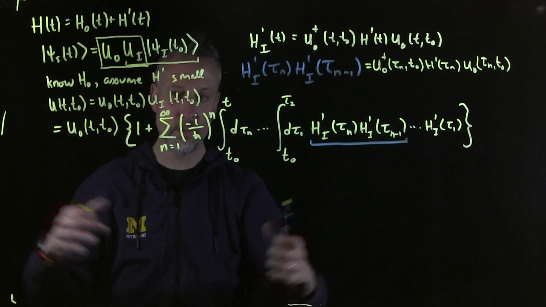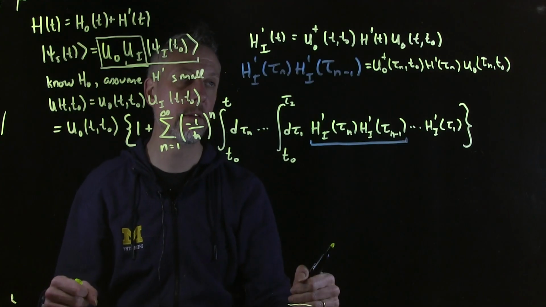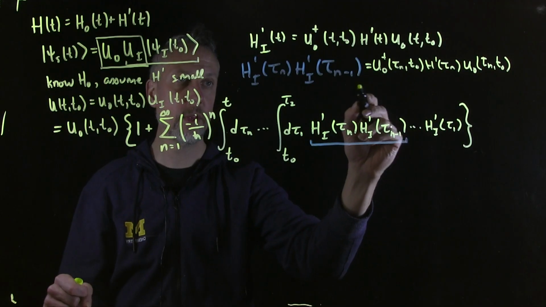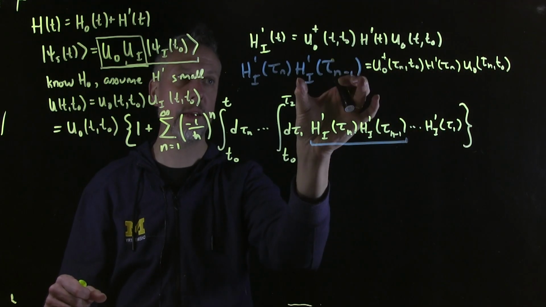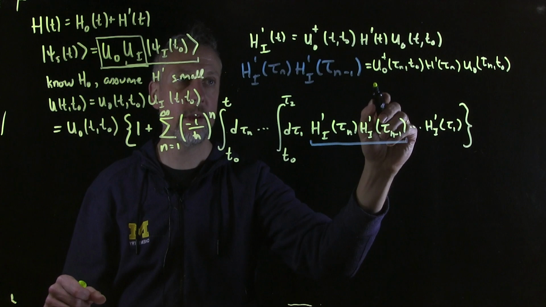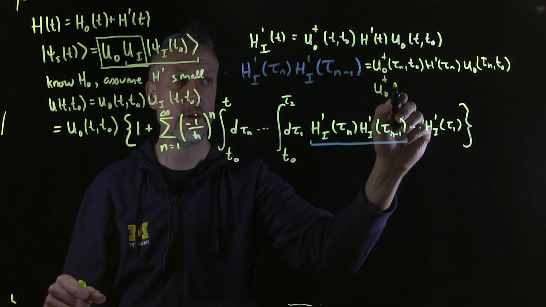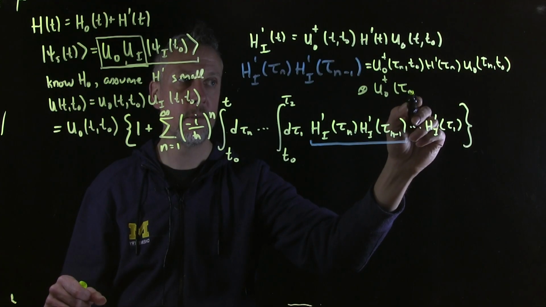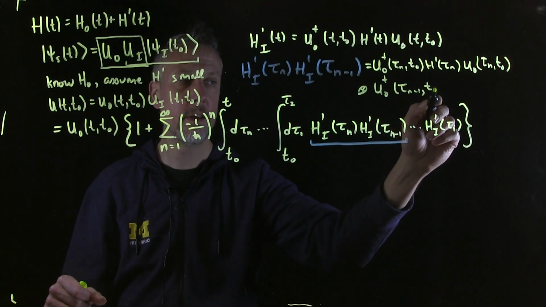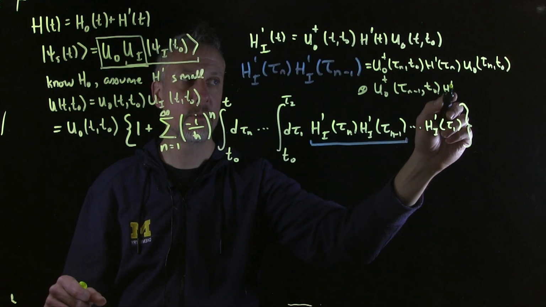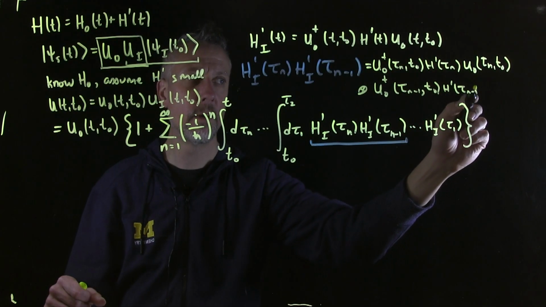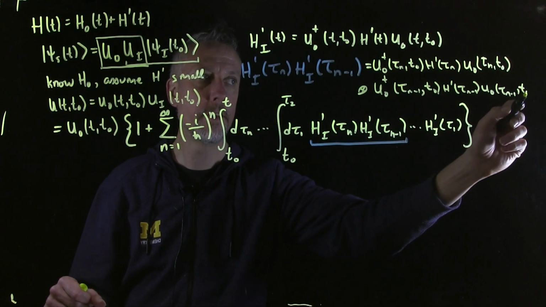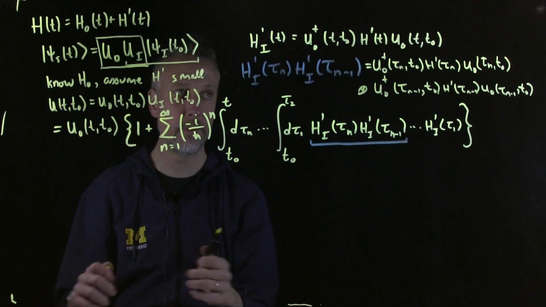This is one of those cases where it would have been nice if I had written it all the way around here, but whatever, I'll do it this way and hopefully it makes sense. Then we're going to multiply this by the next bit. What's the next bit? The next bit is U naught dagger of tau n minus 1, t naught, h primed of tau n minus 1, and then U naught of tau n minus 1, t naught. That's the first two terms of this.